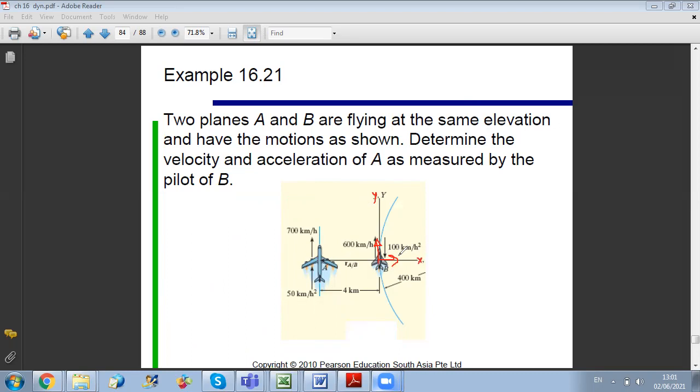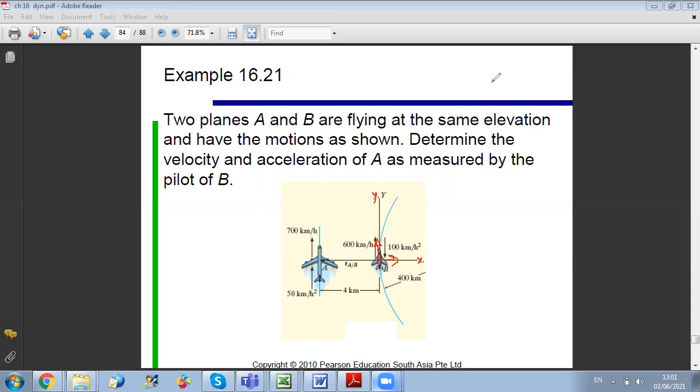It is possible. So always the choice depends on the situation. For example, in the previous problem, it was in our interest to take small i along the rod to facilitate calculation. Here, the easiest choice for small x, small y is horizontal and vertical, meaning they will be coincident with big X, big Y at this instant.